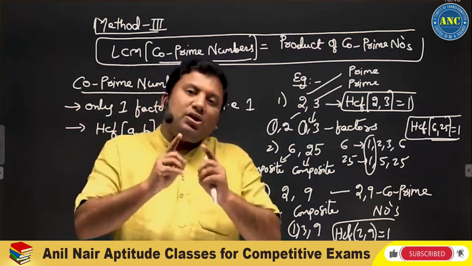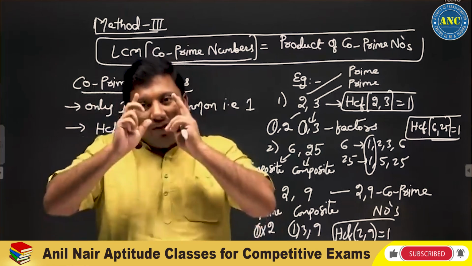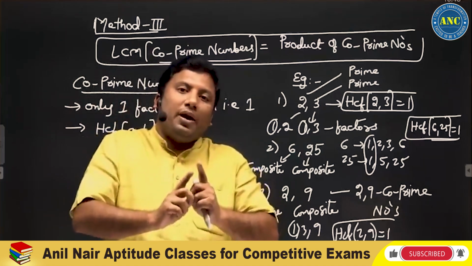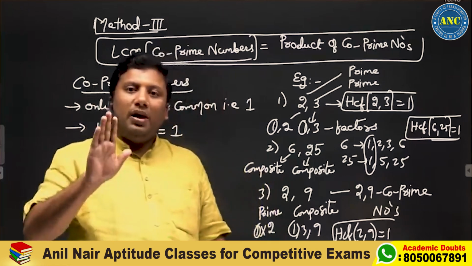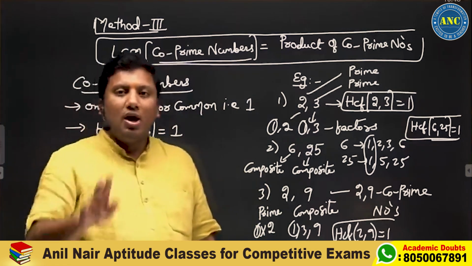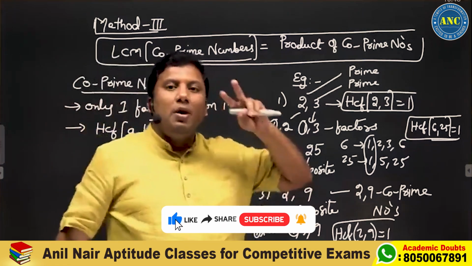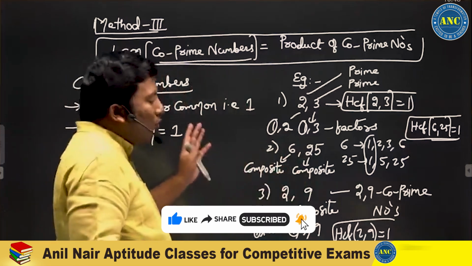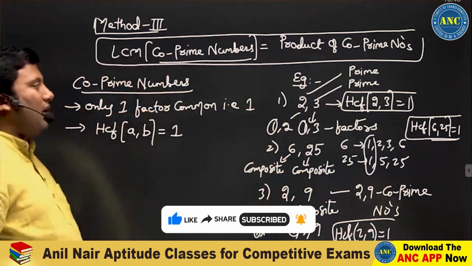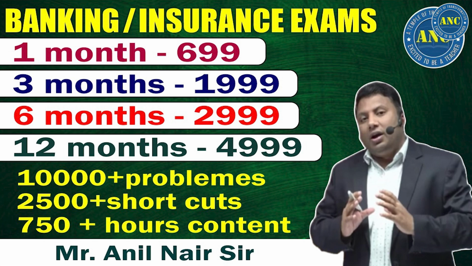For A, B to be co-prime numbers, it is not mandatory that A, B both should be prime numbers. Both can be prime, both can be composite, one can be prime and another composite.